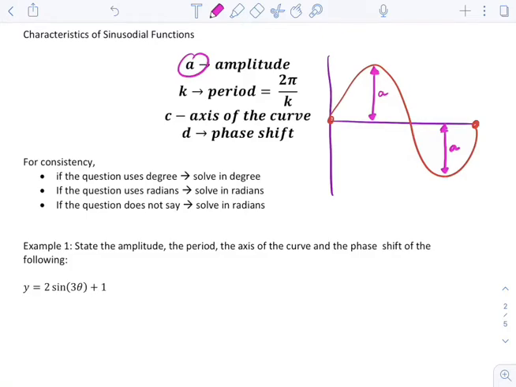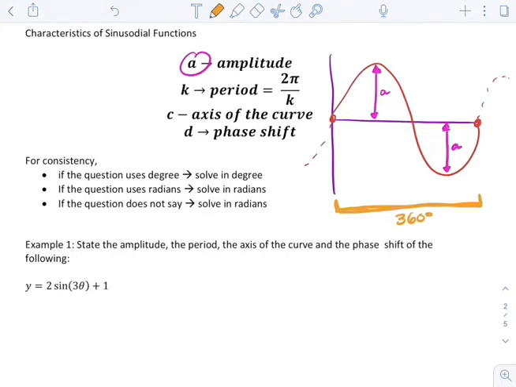The period is how long it takes for one cycle to complete, because this graph continues on. But one cycle would be where it starts and returns to that same spot to continue the same cycle again. So that would be one period. The base period is 360 degrees, or 2 pi.